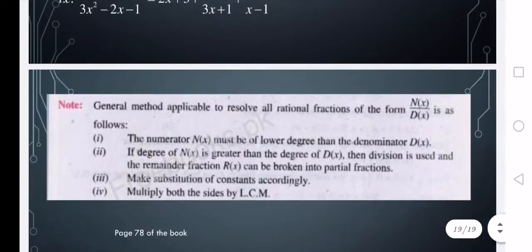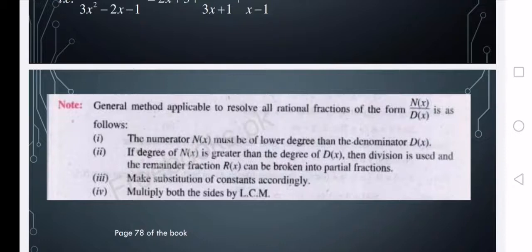The important points which you will have to keep in your mind while decomposing a fraction into its partial fractions are: the general method applicable to resolve all rational fractions of the form N(x) by D(x) is as follows. First of all, you will have to check for proper and improper fraction, that is the numerator must be of lower degree than that of the denominator.